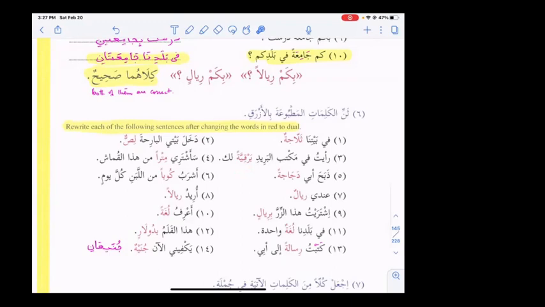Here it will be salajatani, marfu, dakhala lisani. Here raitu barkiyataini. سأشتري مترا من هذا القماش. سأشتري مترين. It will become مترين. Next time I will write it down for you.